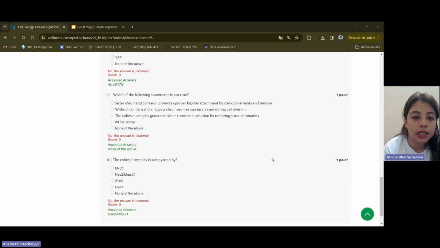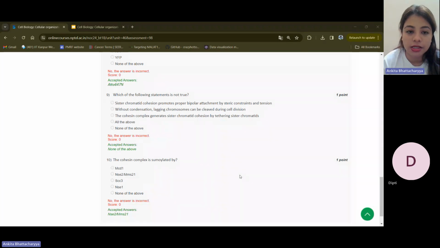And for question 9, we were asked which of the following statements is not true. Sister chromatid cohesion promotes proper bipolar attachment by steric constraints and tension. Without condensation, lagging chromosomes can be cleaved off during cell division. The cohesin complex generates sister chromatid cohesion by tethering sister chromatids.